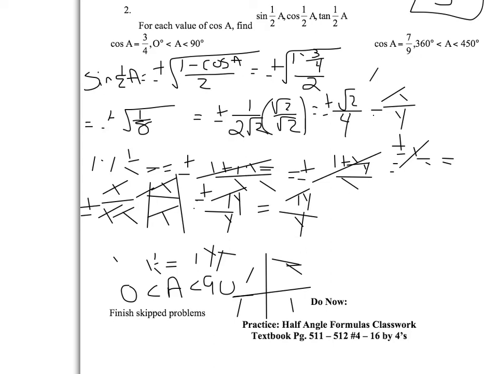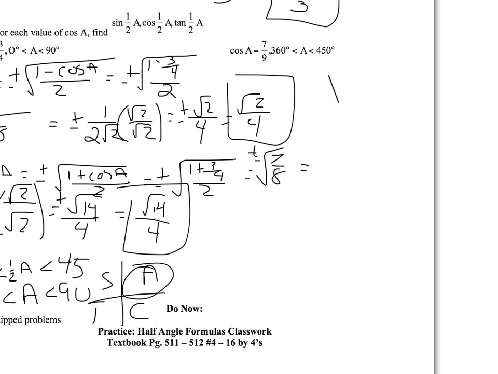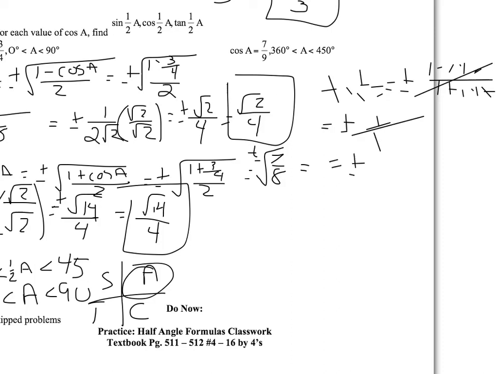And finally for tangent, we will have plus or minus the square root of 1 minus cos A over 1 plus cos A. So it's going to be plus or minus the square root of 1/7, which is plus or minus 1 over radical 7, which rationalizes to radical 7 over 7, which, since we are in quadrant 1, is positive radical 7 over 7.